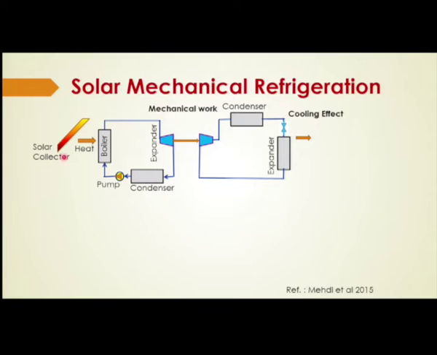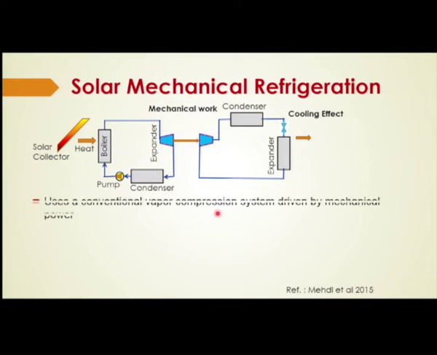Here mechanical work is achieved in this block. From this, the mechanical work is transferred into cooling effect again by an expander. This is solar mechanical refrigeration, where mechanical energy is converted into electrical energy.